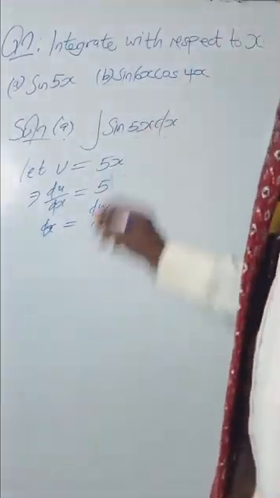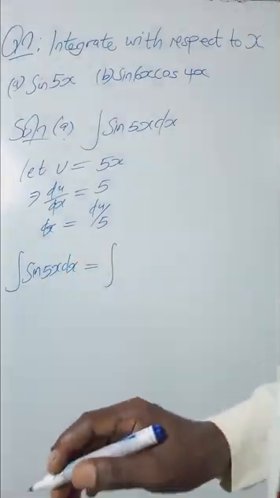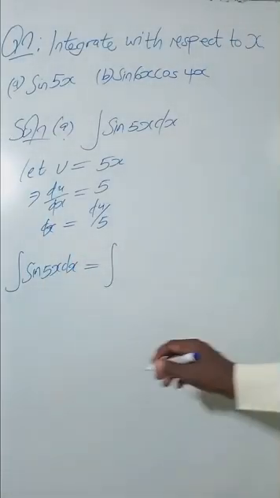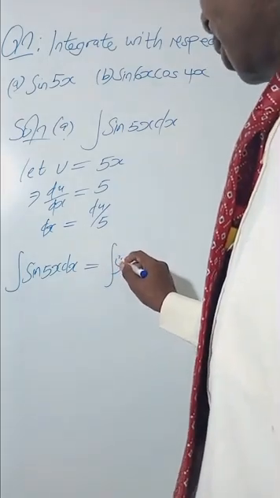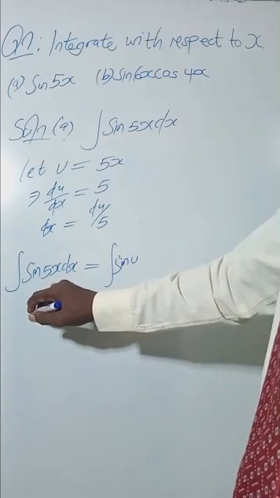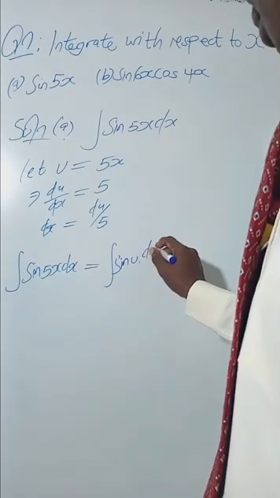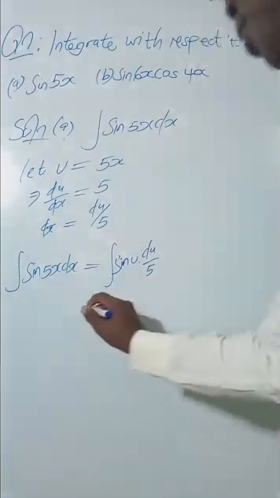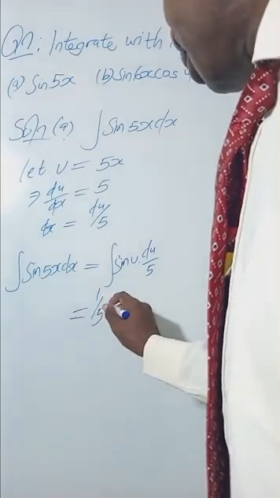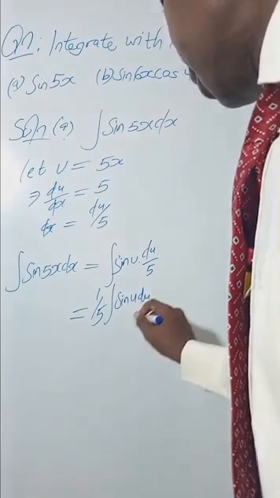So now we're supposed to integrate this one. The whole of the integration of sine 5x with respect to x now becomes the integration of sine u, remember 5x is u, and dx is du over 5, which gives us 1 over 5 times the integration of sine u with respect to u.